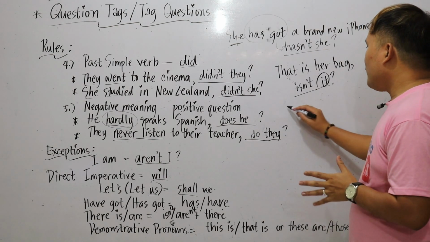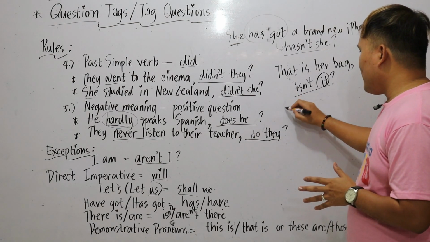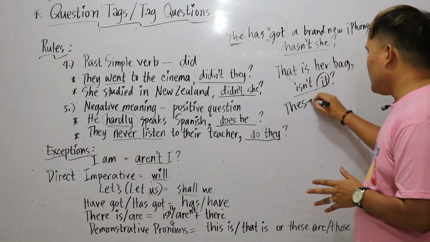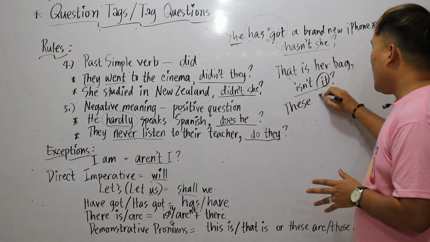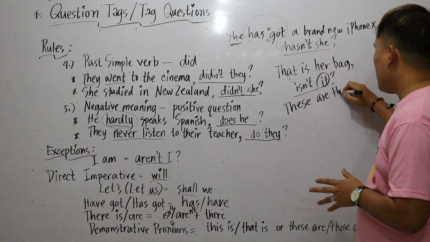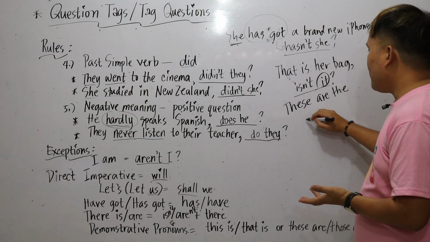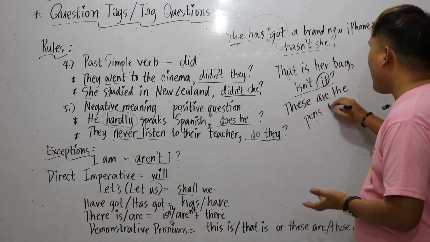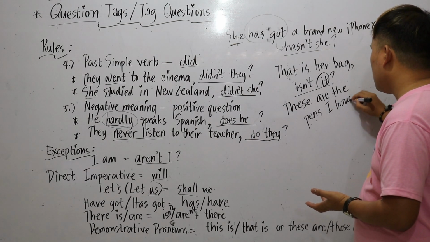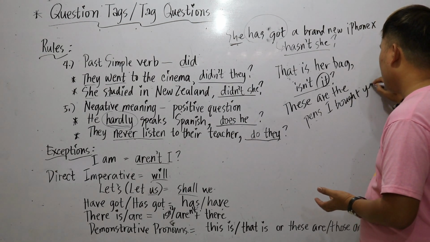If we use plural demonstratives, we have these and those. For example, these are the pens I bought yesterday.